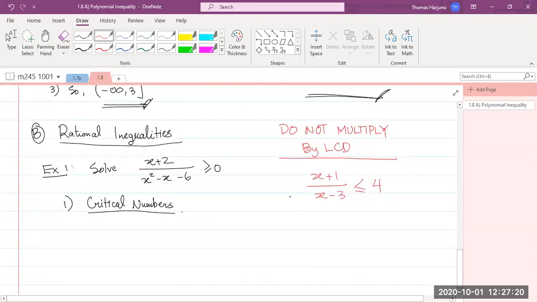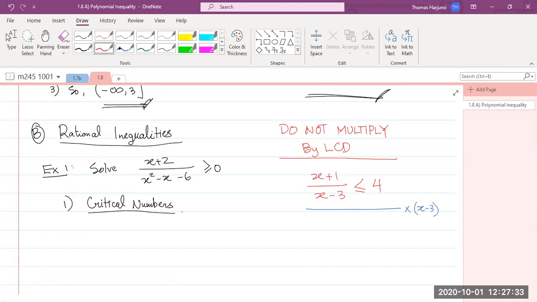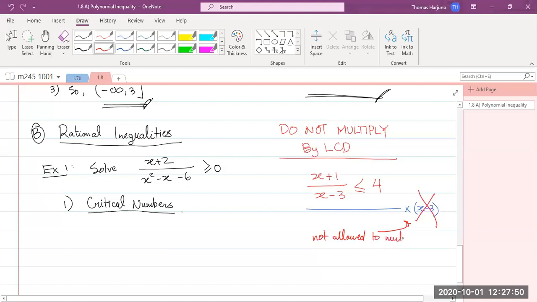Now, multiplying by the LCD, x minus 3, was allowed if you have an equation, but it is not allowed if you have an inequality. Not allowed to multiply by an expression.